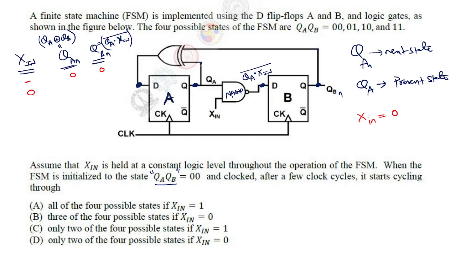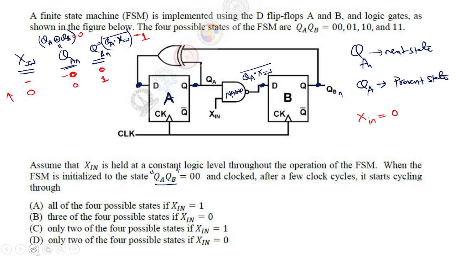Because QA and QB are 0, 0, this is 0 XOR 0, which will be 0. And 0 complement is 1, because QA is 0 and Xin is 0. Now once you apply the clock, what will happen? These values will be 0, 1.